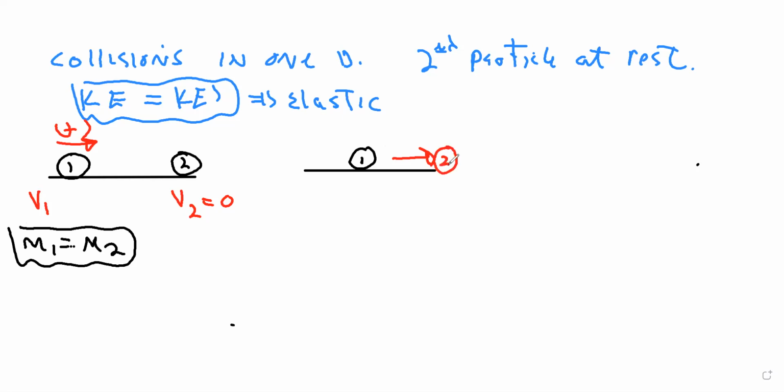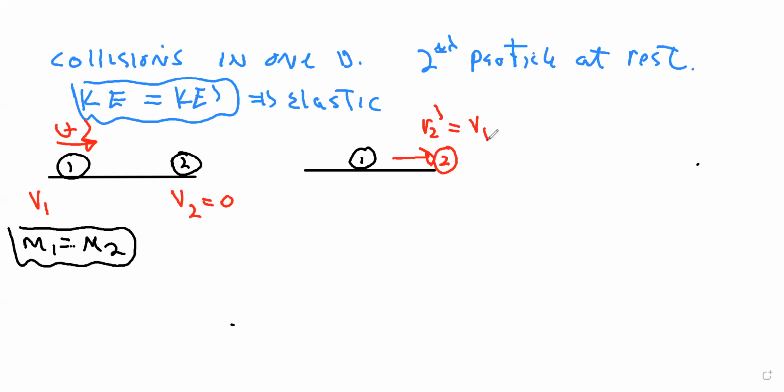Velocity 2 prime is going to be equal to velocity 1, because particle 2 is going to acquire velocity 1. And how do we do this?